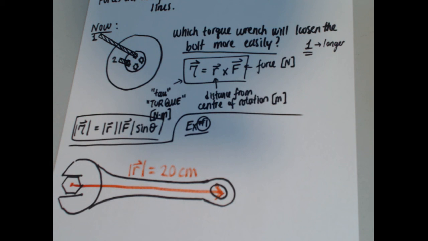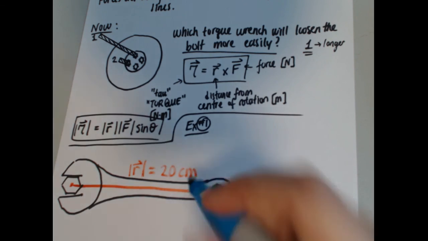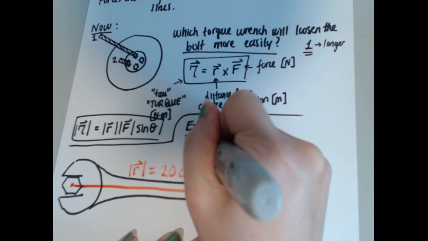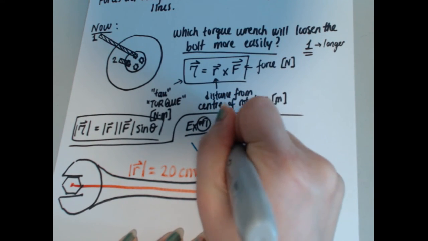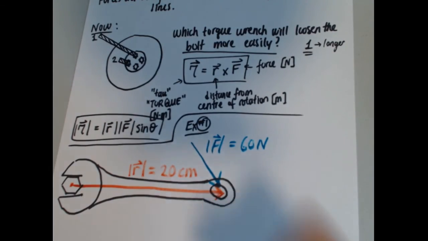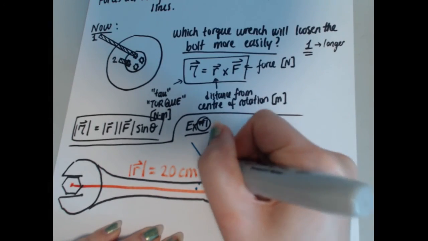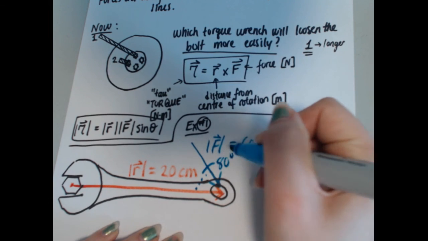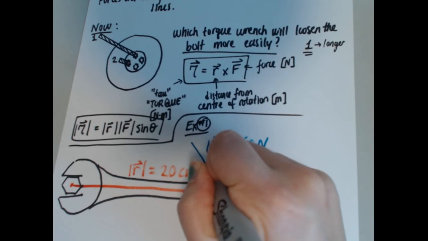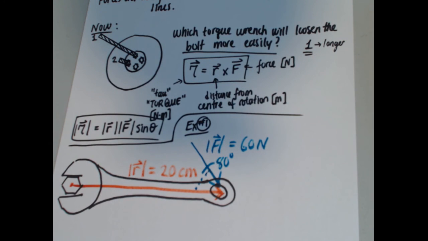Now we're also going to apply a force here. The force gets applied at some kind of angle, and let's say it gets applied like this. This is F, and the magnitude of the force is 60 newtons. I know that the angle here is 80 degrees. Sometimes you've got to be careful. You should always be careful, but pay attention to where the angle is and what angle you actually need.